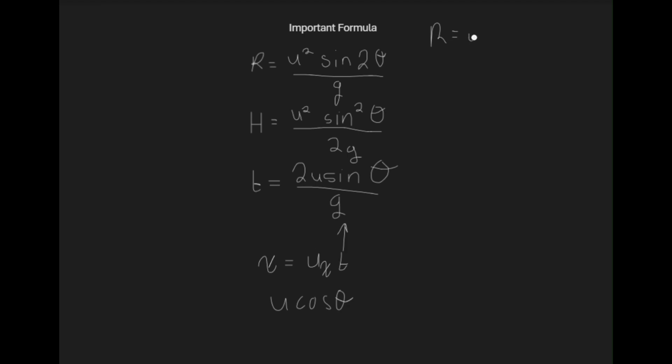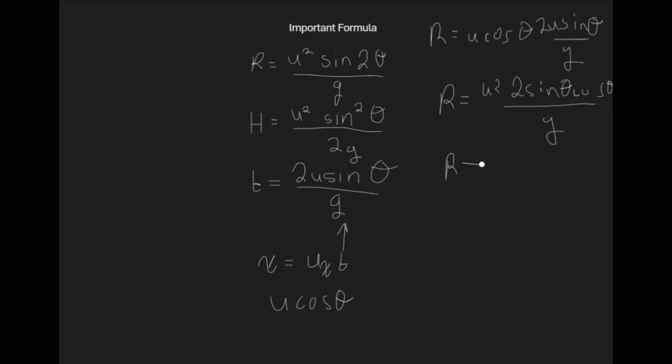R equals u cos theta times 2u sine theta over g, and we have R equals u squared 2 sine theta cos theta all over g.